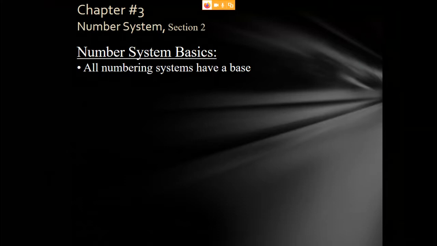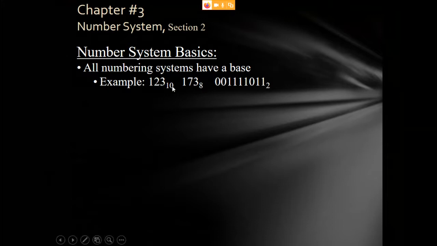All right. So first of all, when you're talking about different numbering systems, you have to be conscious of the base that you're working in. All right. So here we have 123 base 10, or 173 base 8, or 001111011 base 2. Okay.